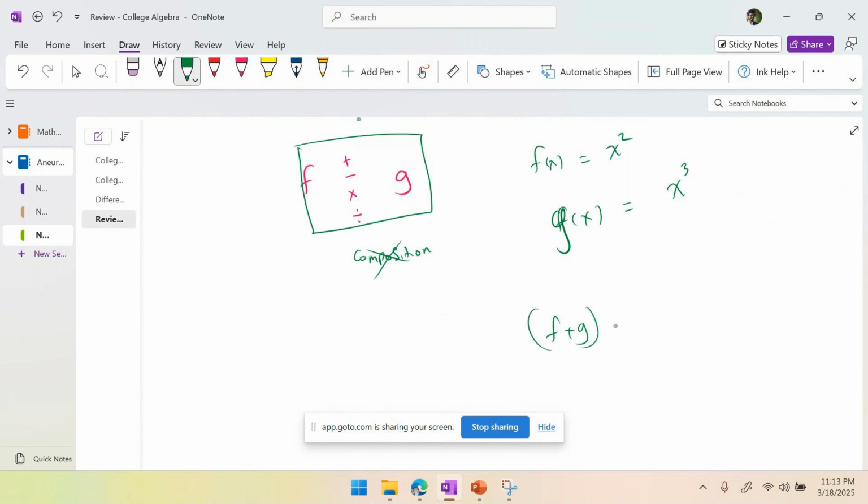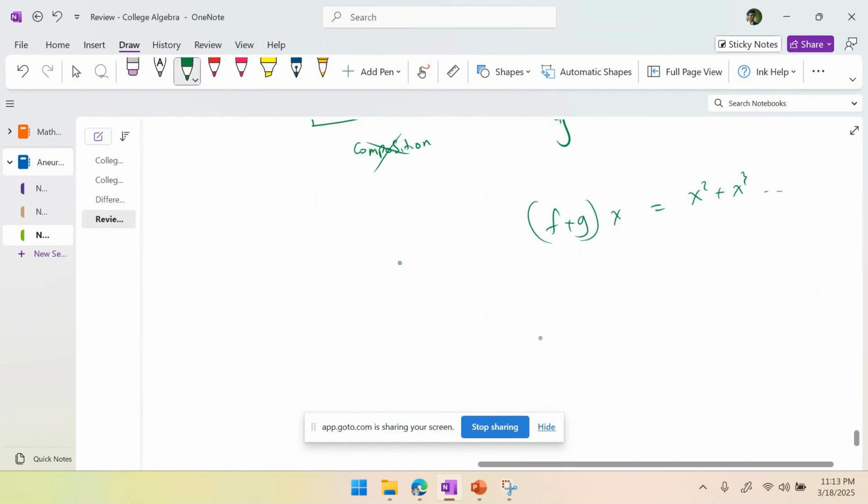What is the formula for f plus g? That is x squared plus x cube, and so on. And another important thing is, you should know how to obtain the domain of these resulting functions.